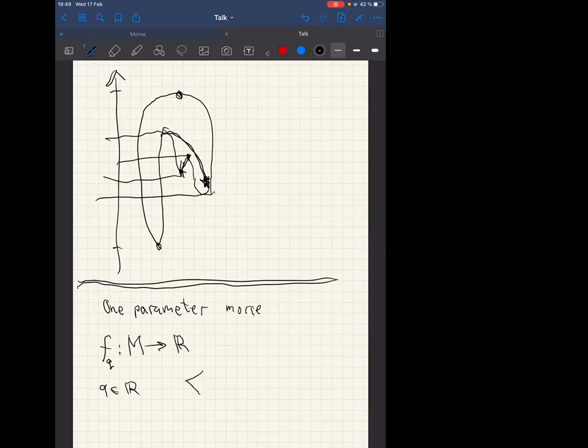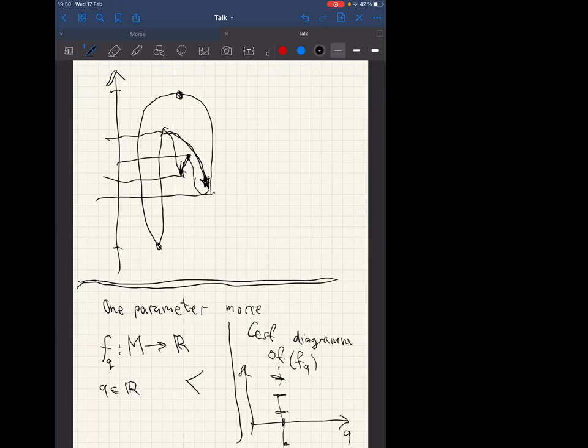It means that we have a Cerf diagram. What is a Cerf diagram? Cerf is a mathematician, and a Cerf diagram is a graph of all critical values. So we take the Q direction and the R direction, and for each Q we draw all critical values.